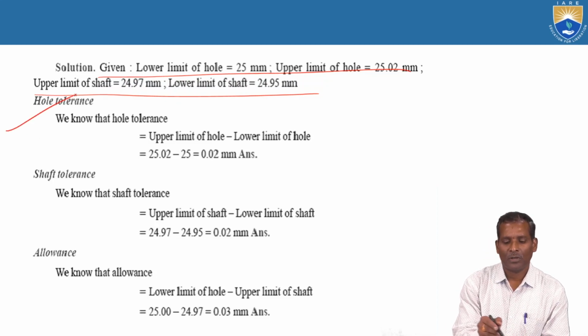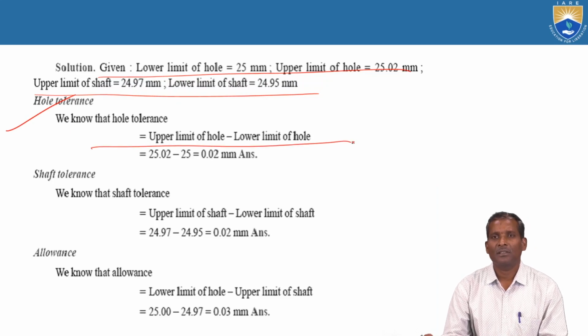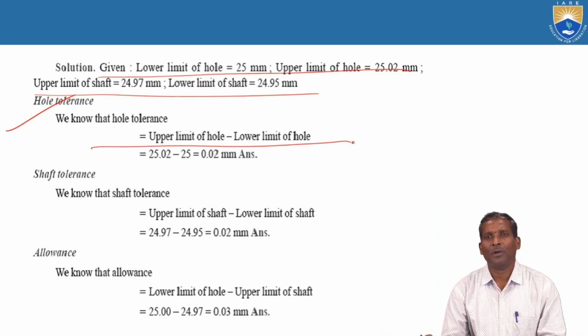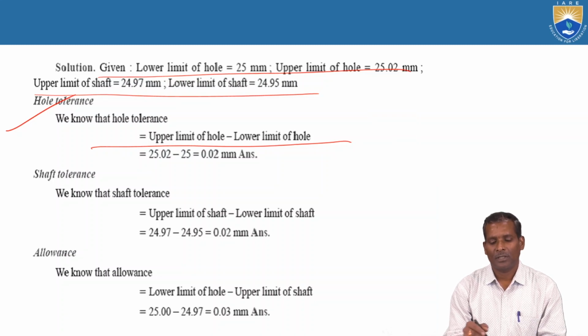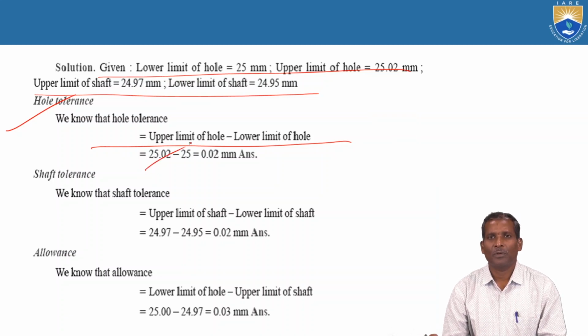Now find the hole tolerance. Hole tolerance is the difference between the upper limit of the hole and the lower limit of the hole. So here, 25.02 minus 25, it gives 0.02 mm.